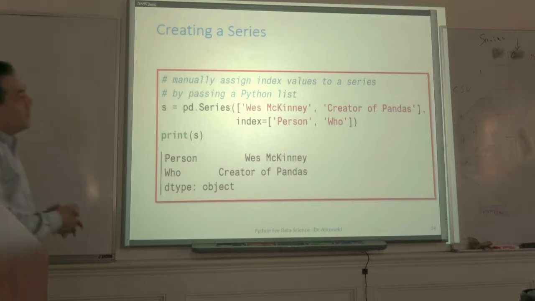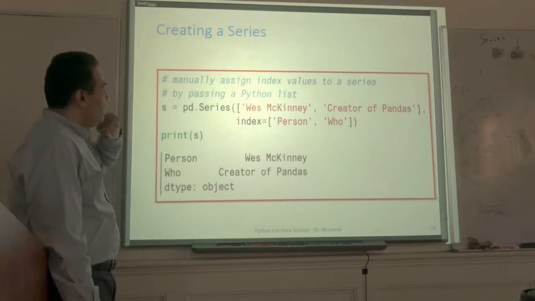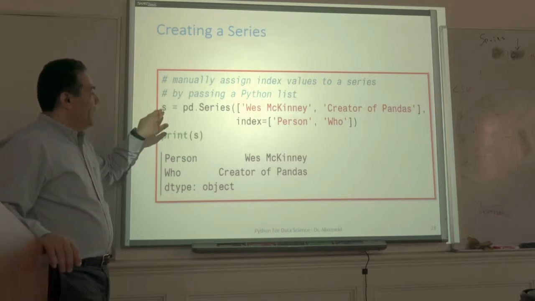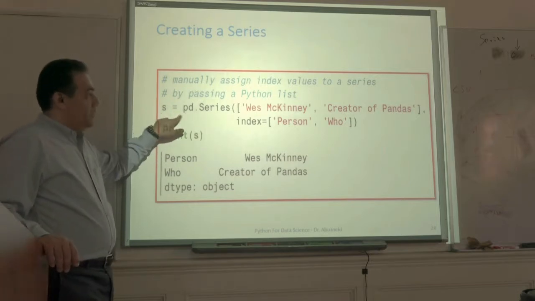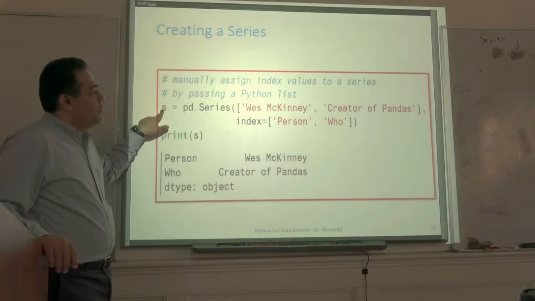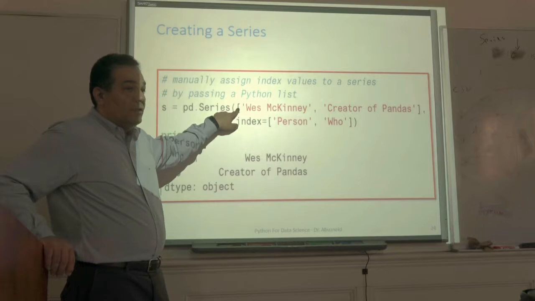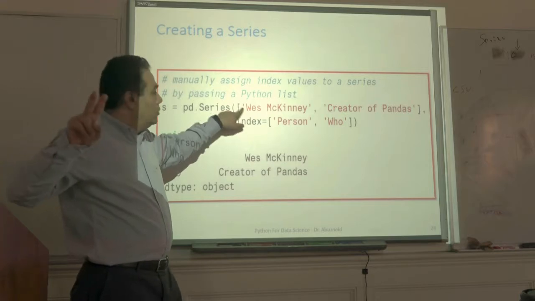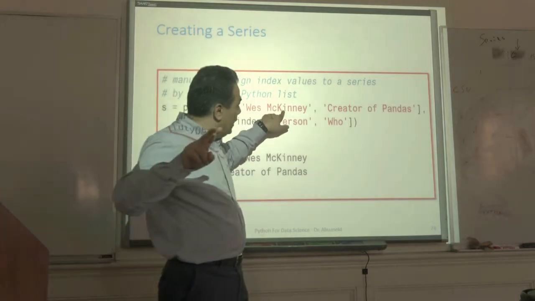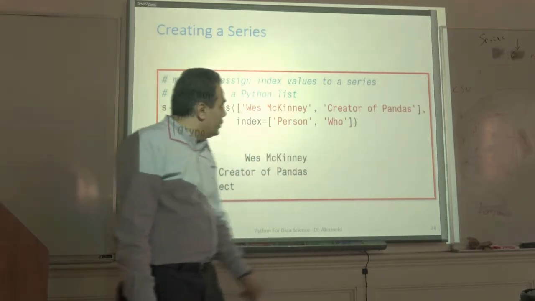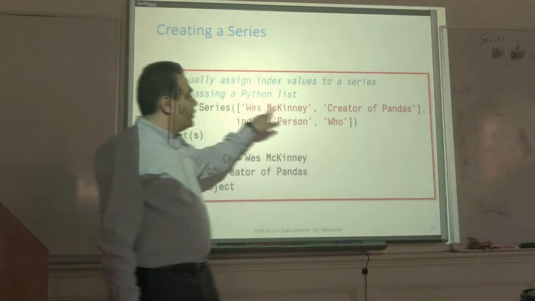You can manually assign index values to a series by passing a Python list. For example, this is a series I called s. pd for pandas, series. What did I pass to it? A list. How many elements does it have? 2: Wes McKinney, the creator of pandas. What are the titles of these?